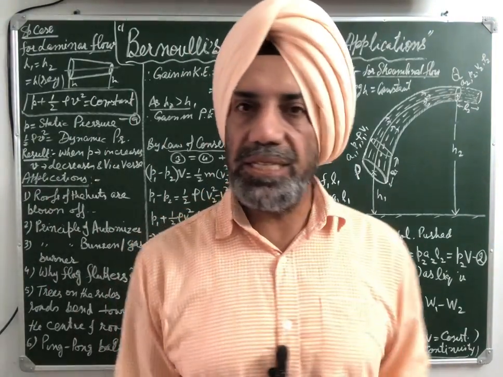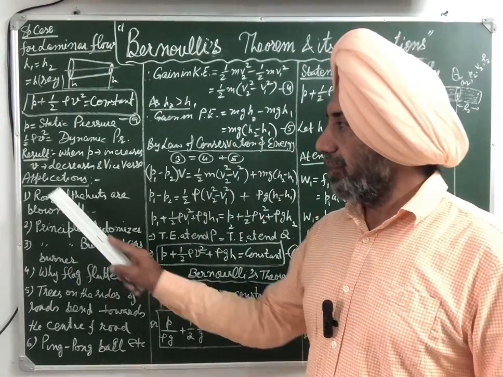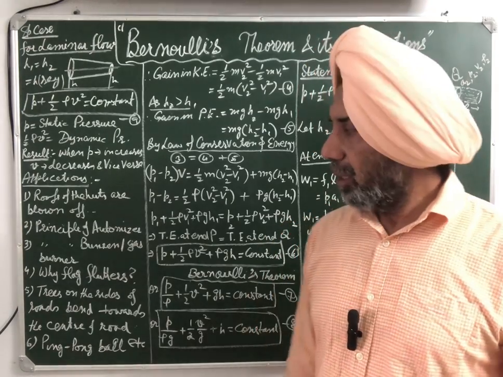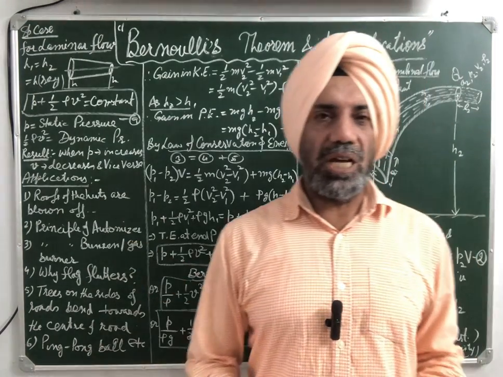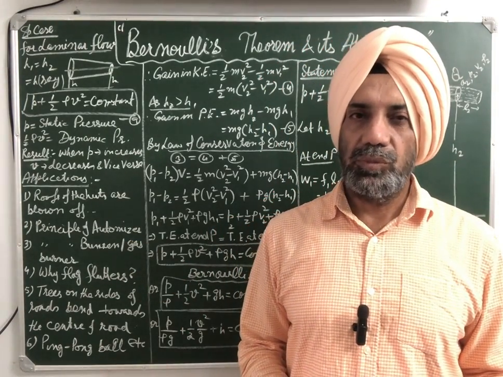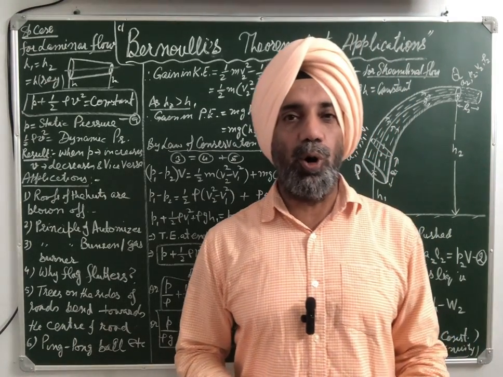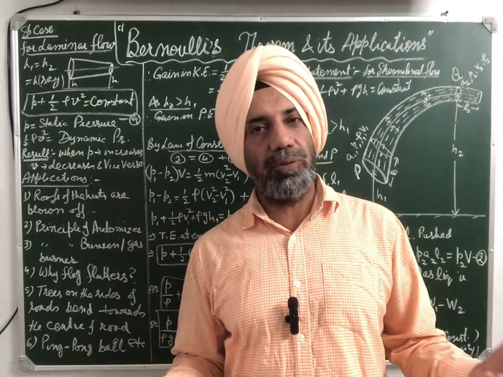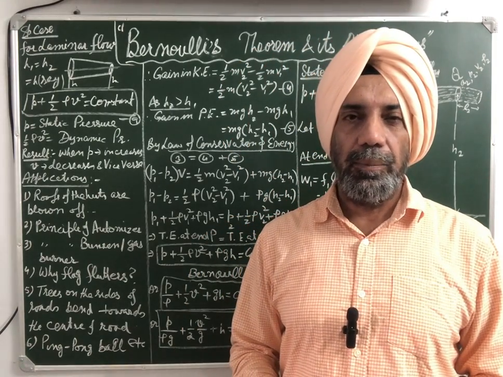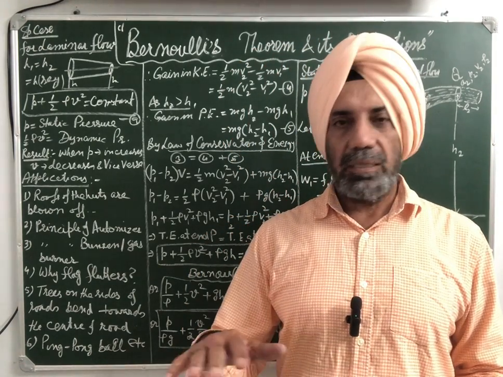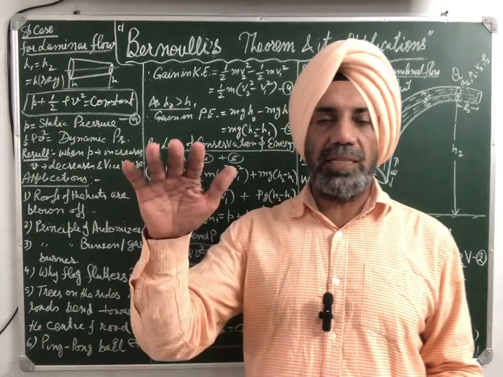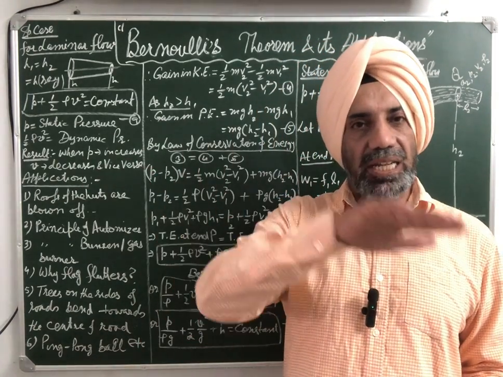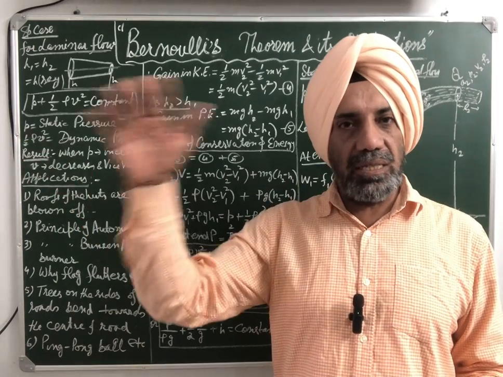So this is the statement and derivation of Bernoulli's theorem. And there are so many applications of Bernoulli's theorem in daily life. We have seen during a dust storm, the roofs of huts are blown off. Why are the roofs of huts blown off? Due to Bernoulli's theorem. Because there is atmospheric pressure inside and outside the hut. When velocity on the roof of the hut increases, pressure decreases.